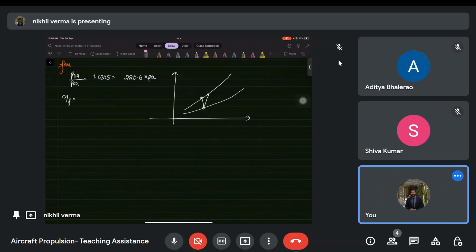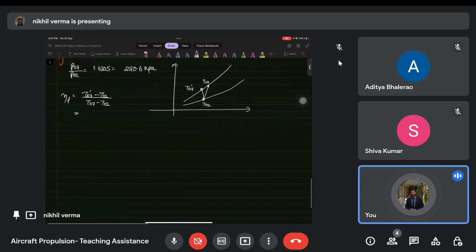So this is T naught 2, this is T naught 7 dash, this is T naught 7. So the efficiency of the fan is T naught 7 dash minus T naught 2 over T naught 7 minus T naught 2.